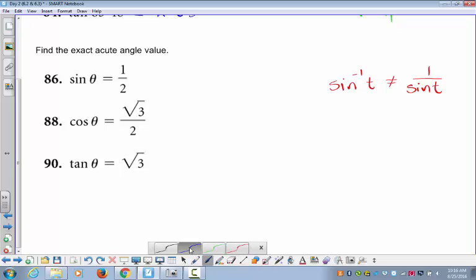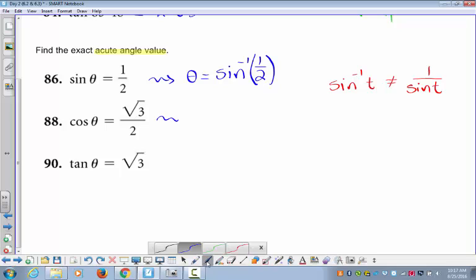So at this point in the class, what I'm about to show you only works if theta is acute. So this is really important right here. If you have an acute angle, you can do the following, but only if your angle is acute. We will see shortly that this is not always true if you have a non-acute angle.